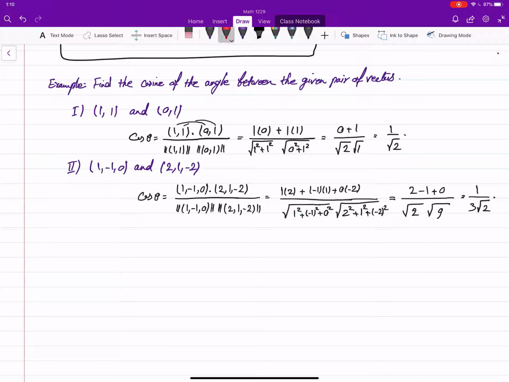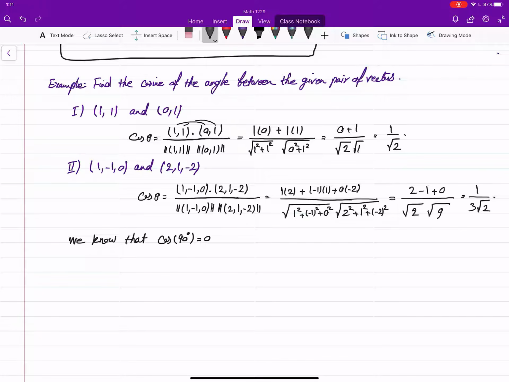As an important implication of that formula, we know that cosine of 90 degrees is 0. This is the only thing you need to know.